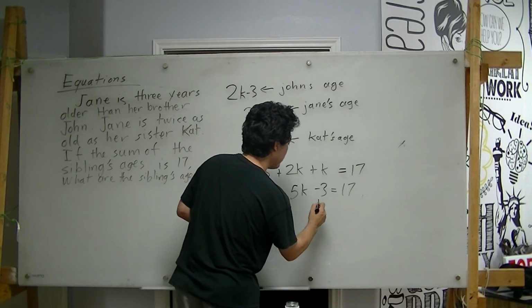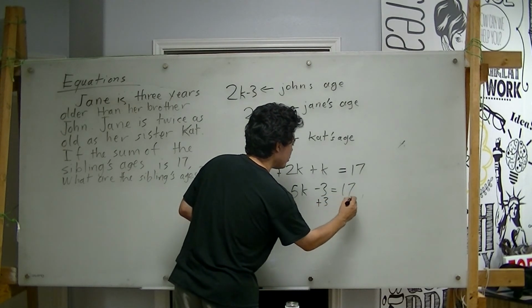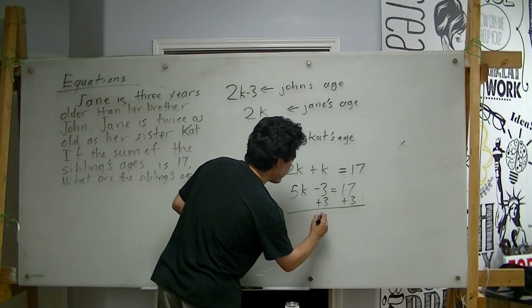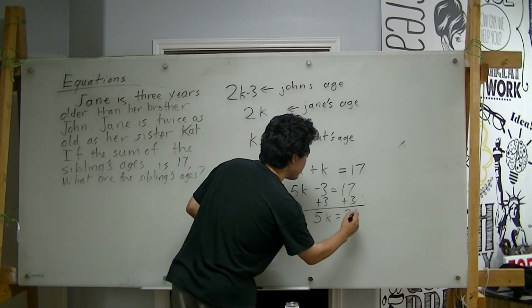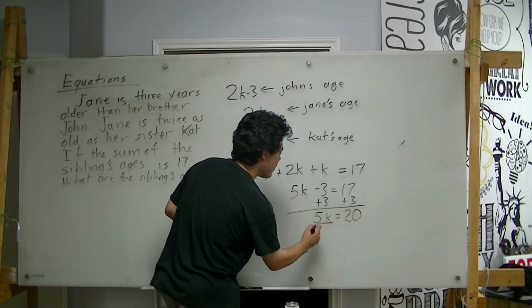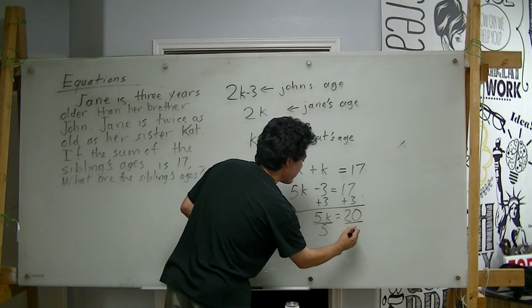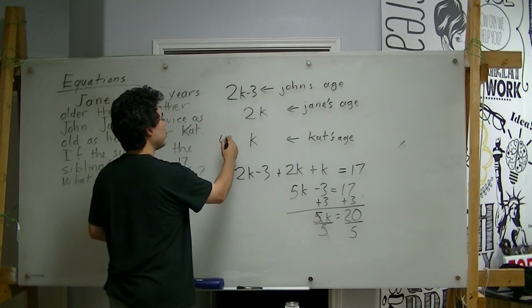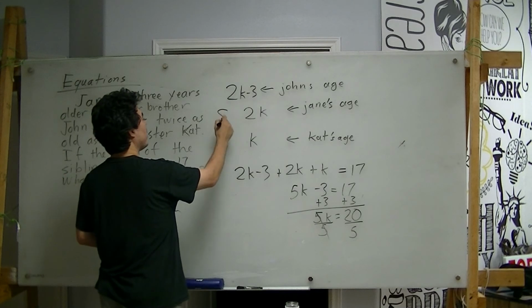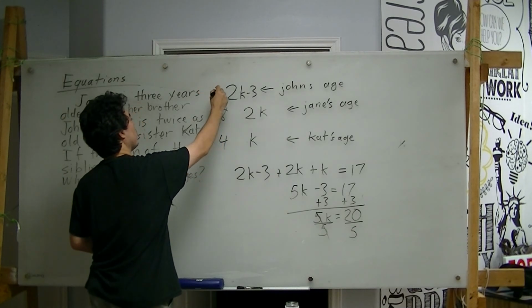Then we add 3, and we get that 5 times K equals 20. We divide by 5, and we see that K has to equal 4, which means Jane would equal 8, which means John would equal 5.